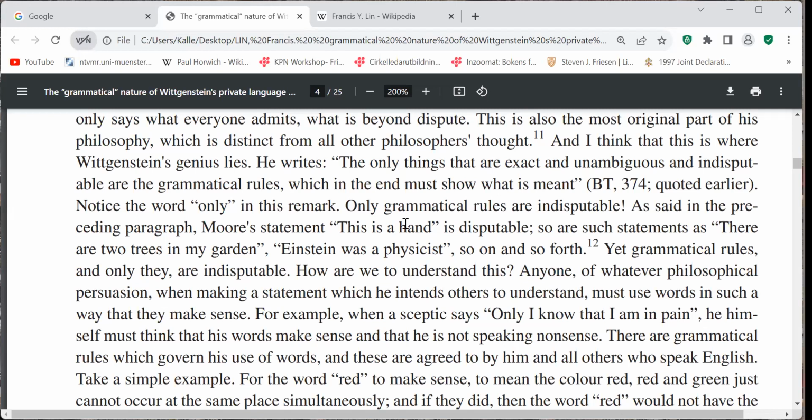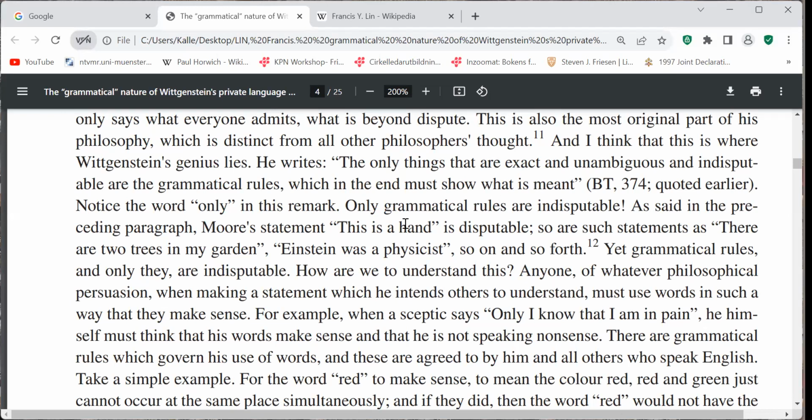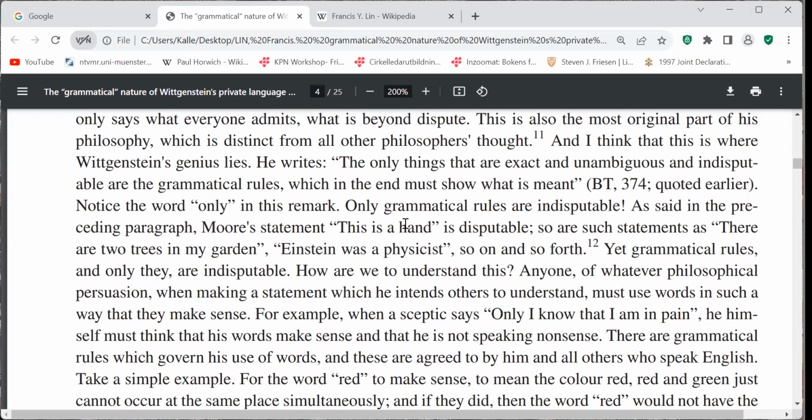They even forget one step, namely that they're able to make that statement at all. It means that they actually learned once what a hand is, or what thinking is in Descartes' case, the grammatical rules for how you talk about a hand and what a hand is. And I forgot it. They forget about one step.